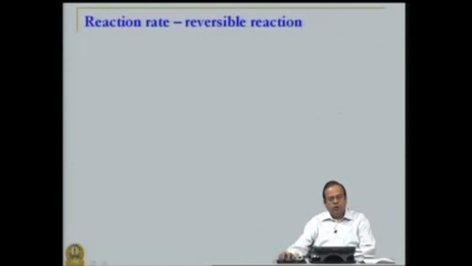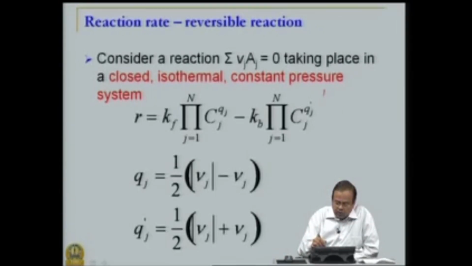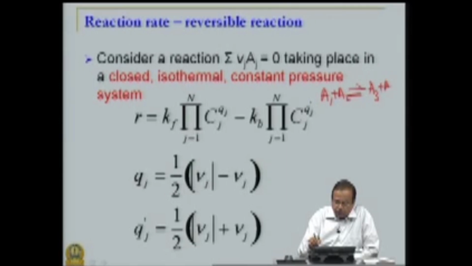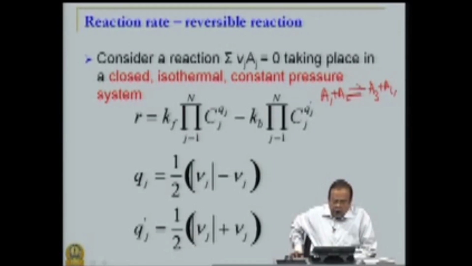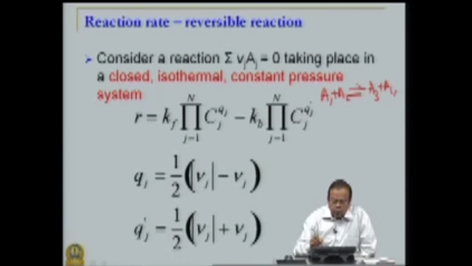Let us now come to reversible reactions. That is, what we are saying is, we have a reaction, let us say A1 plus A2 gives rise to A3 plus A4. So, we have now a reversible reaction, and the reaction can go from left hand side to right hand side or right hand side to left hand side, and so the rate of this reaction R now involves components from the left hand side to right hand side of the reaction.